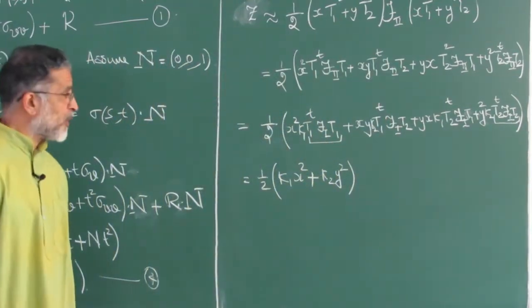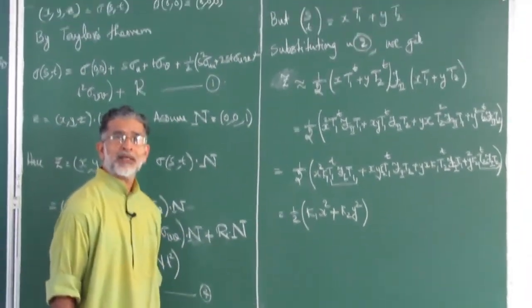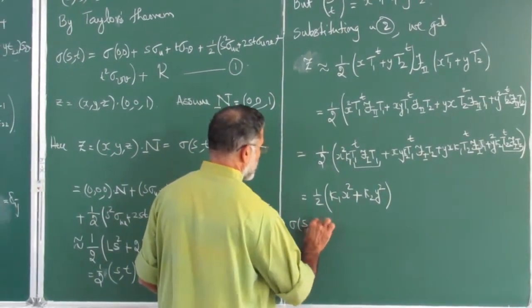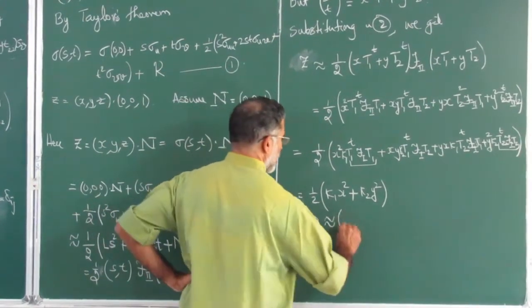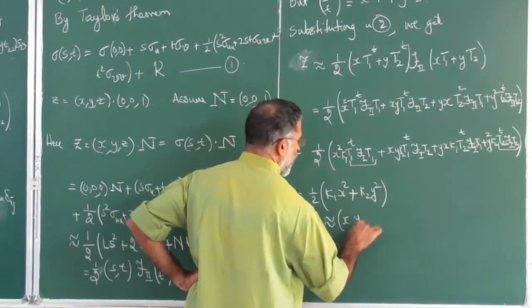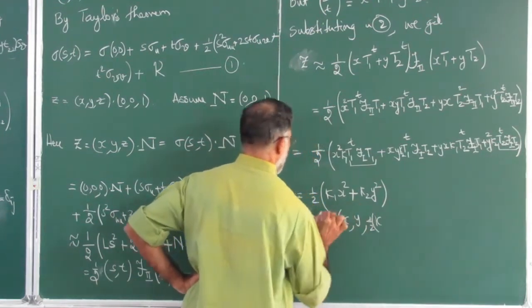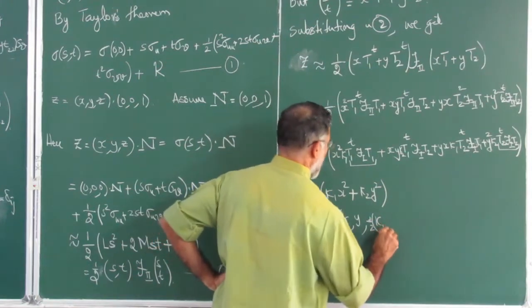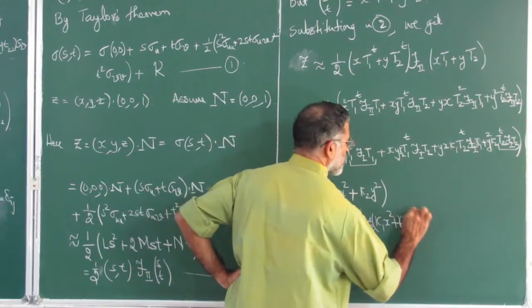So this is beautiful because now you can write sigma st as approximately the same as x comma y, half is not all that significant, doesn't matter, kappa 1 x square plus kappa 2 y square.